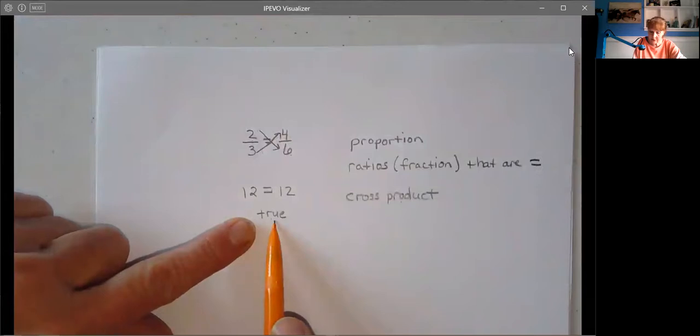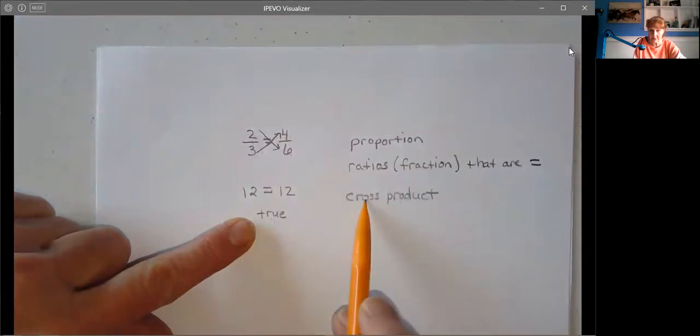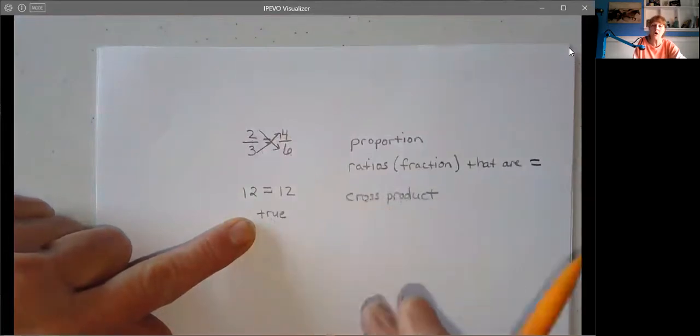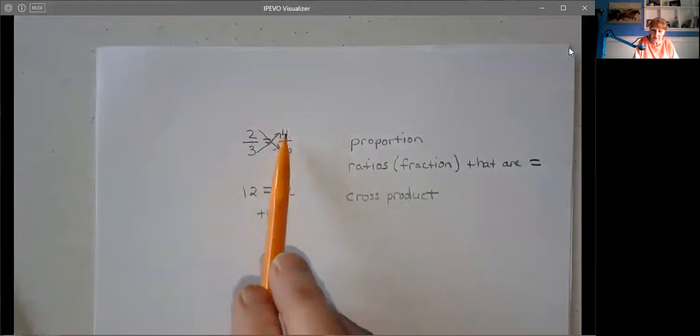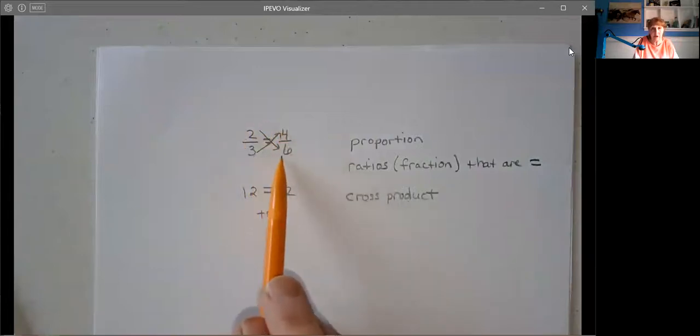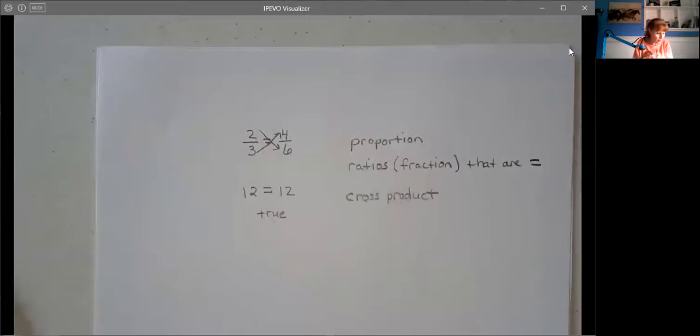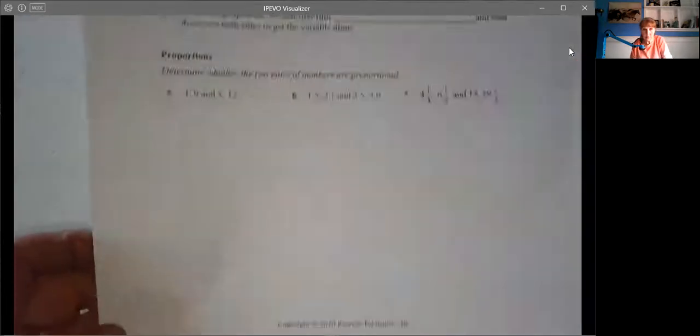We're also going to use this cross product process to solve for missing variables. So first I'm going to give you some numbers and ask you, are they proportional? So we're going to do the cross product, and then we're going to use the cross product to solve proportions.